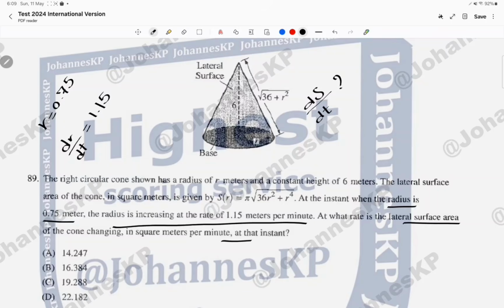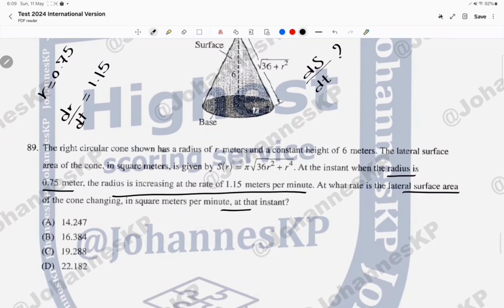So let's see about that. dr dt is given here, right? And they want dS over dt. Now, if I differentiate this, what do I get?